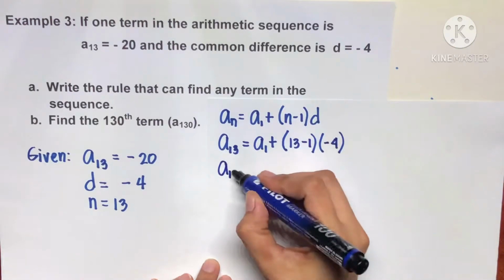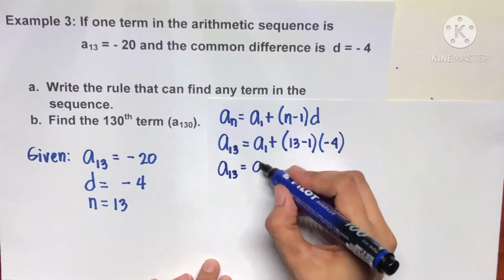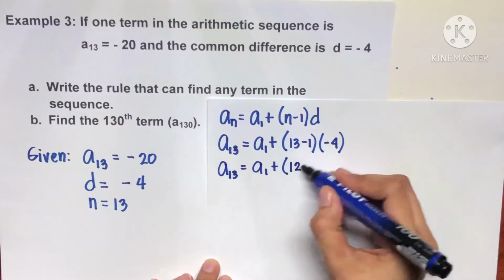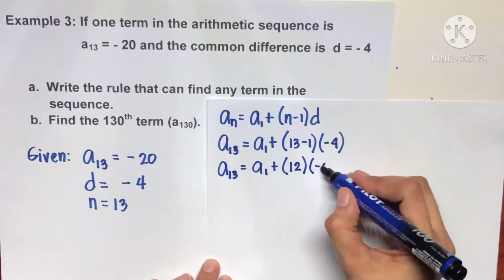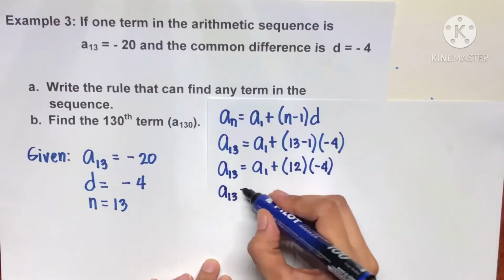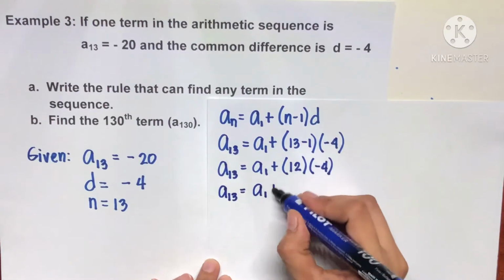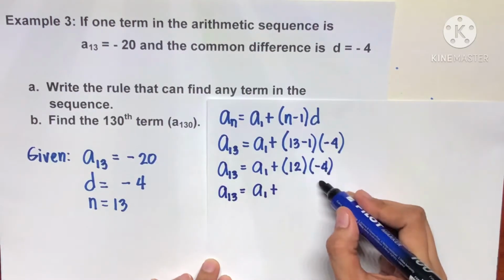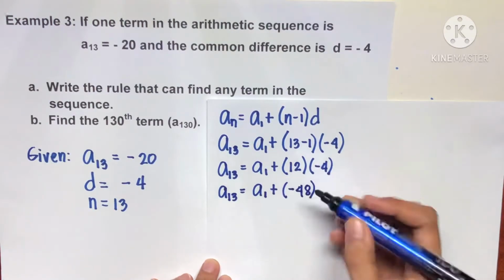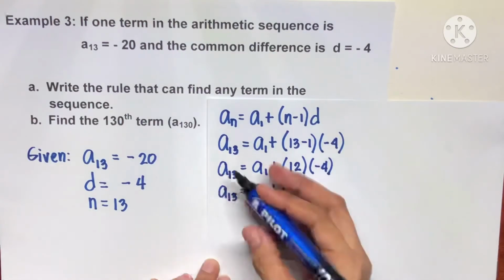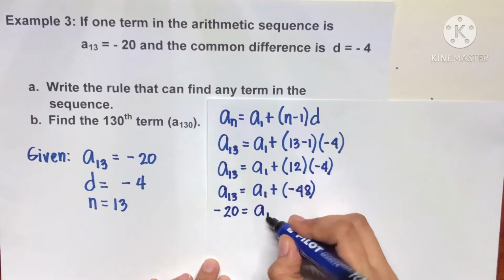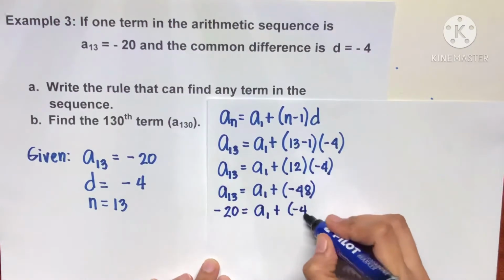So a sub 13 equals a sub 1 plus 13 minus 1 is 12 times negative 4. So a sub 13 equals a sub 1 plus 12 times negative 4 is negative 48. By the way, a sub 13 here is negative 20. So negative 20 equals a sub 1 plus negative 48.